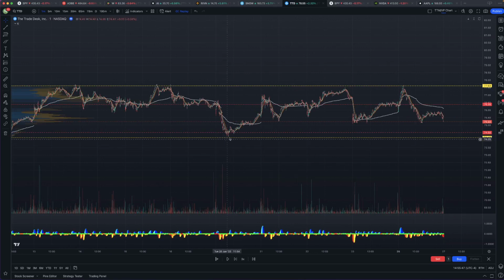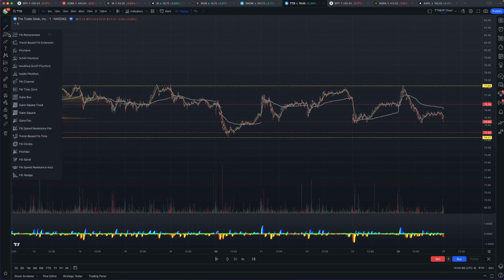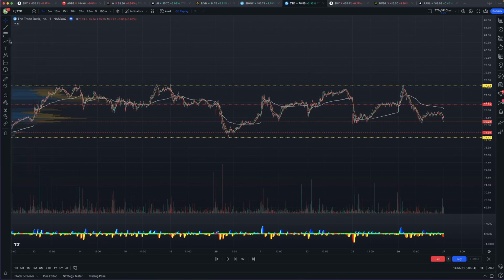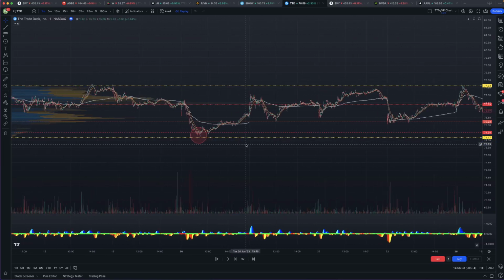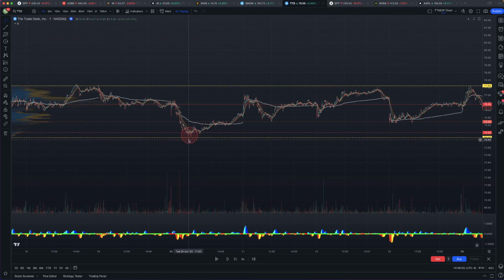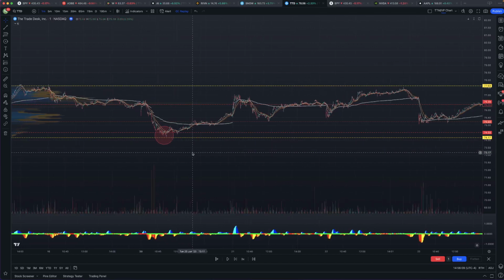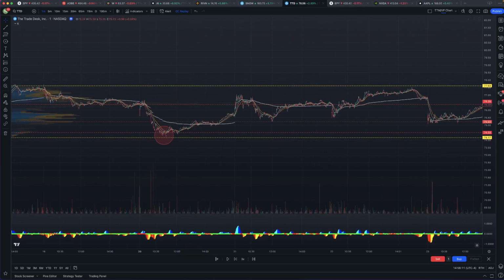And my buy would have been, if I can find the right tool here. My buy was, sorry, not would have been, my buy was down here off of this level on, oh, this was Tuesday already. So Tuesday. Because did we not trade this Monday? I can't remember. Right?